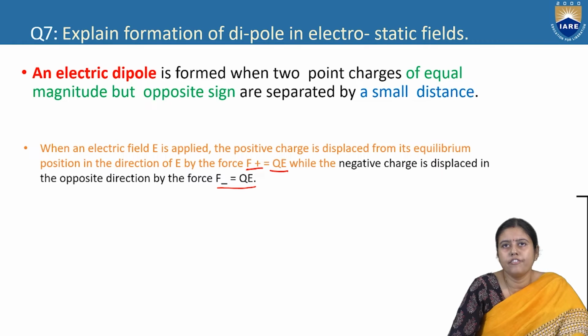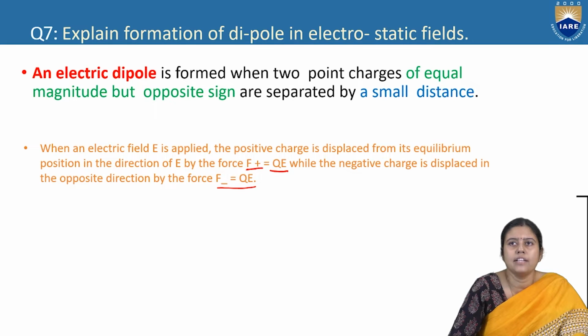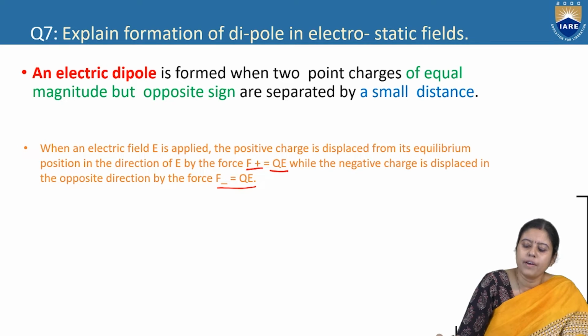When an electric field is applied, the positive charge is displaced from the equilibrium position in the direction of E by the force. The negative charge will also be displaced by the force.